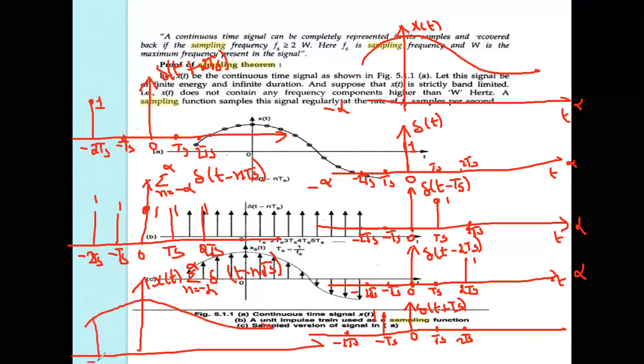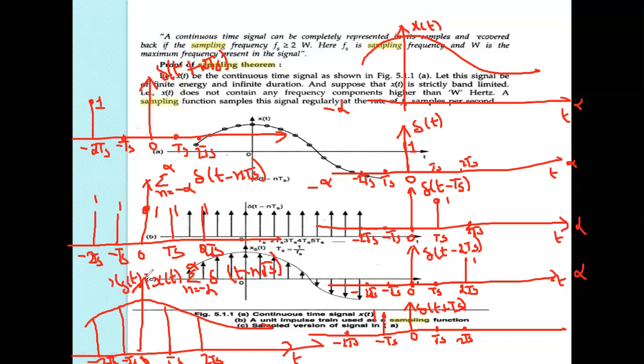For example, at minus 2ts and minus ts, 0 and 1 are multiplied with the x of t signal. 1 into whatever the multiplication factor, we get the same signal only. Ts and 2ts, varying with time t and the x of t. That x of t I am assuming as x delta of t.